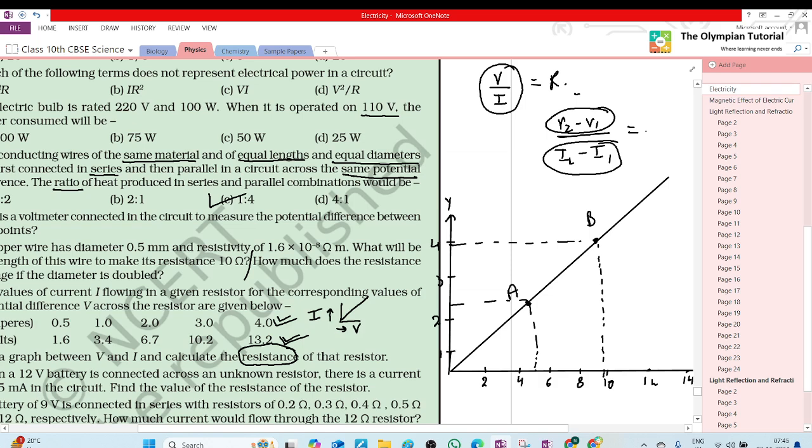Are you getting or not, students? Please confirm. I got it, ma'am. What about Aikta? Yes, ma'am. Okay, let me know the value. What you got?